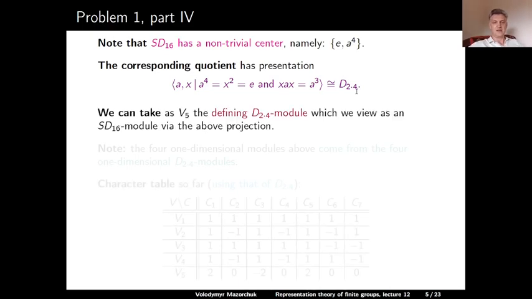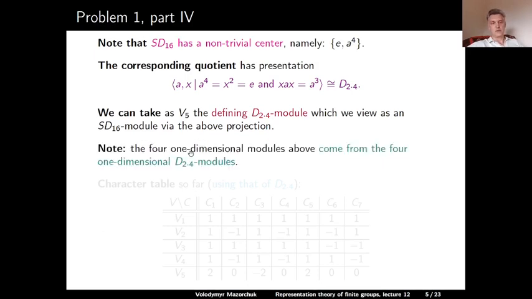So we can take the defining two-dimensional D_{2×4} module and consider it as a module over SD16. And since this module is simple over D_{2×4}, of course, it's also simple over SD16. So we say that this is our module V5, and in this way we construct a two-dimensional SD16 module.